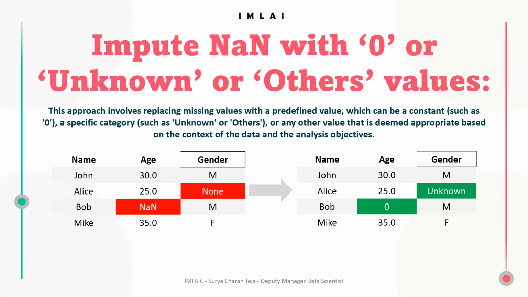Okay, we know that the age of that customer is not known. Or else if it is a numeric value, something which makes some sense, if you put 0 then you can go for the 0, or else just replace with unknown. Always, whenever you impute these nan values, it should make sense. That's the main priority.